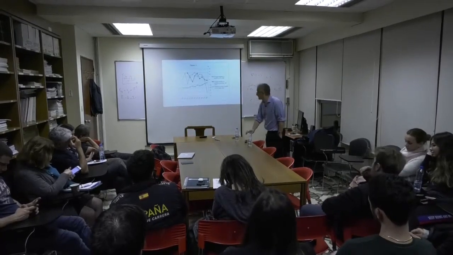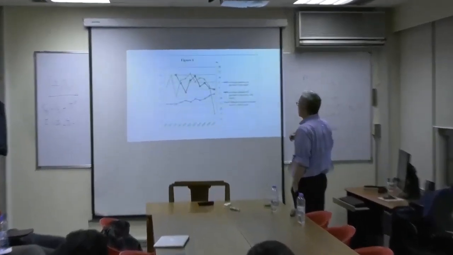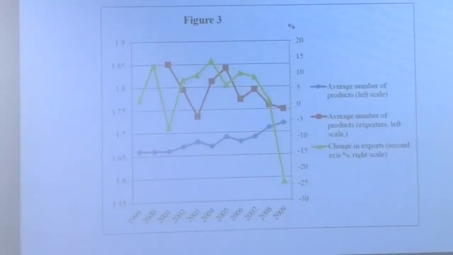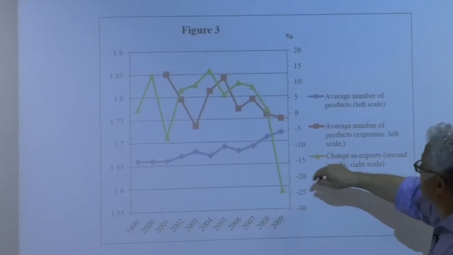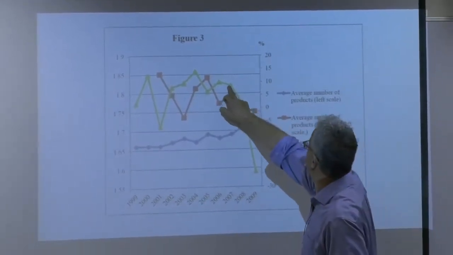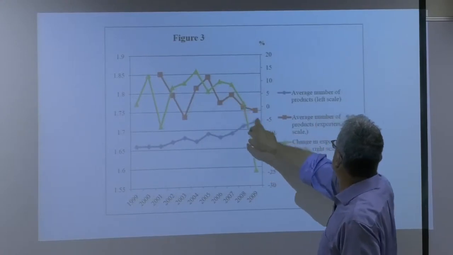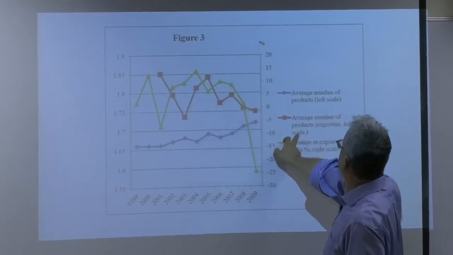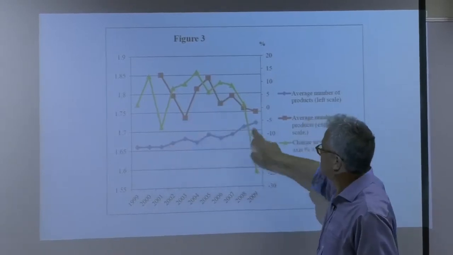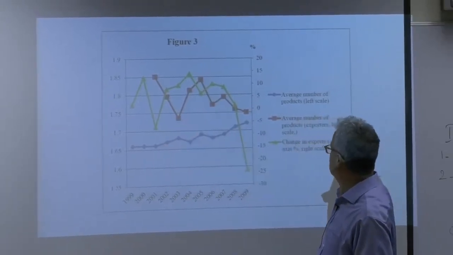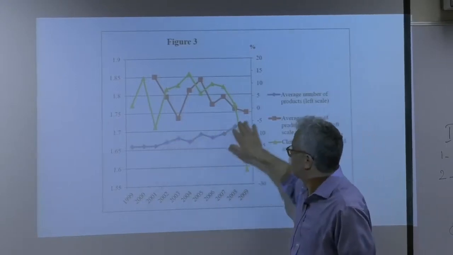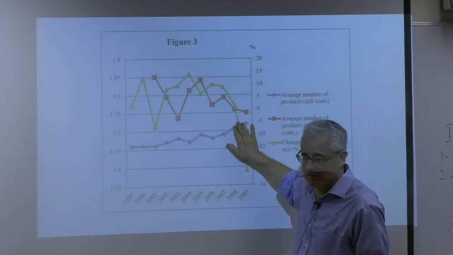What you see in this graph is the average change in the number of products. This green line is the average number of products of exporters, left scale. The average number of products of exporters is much larger than the average number of products in the entire economy.